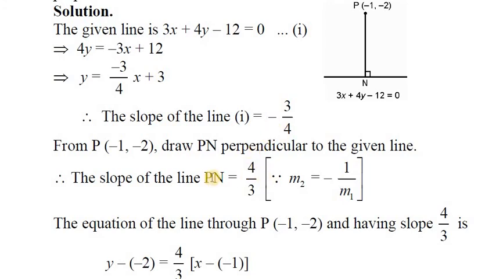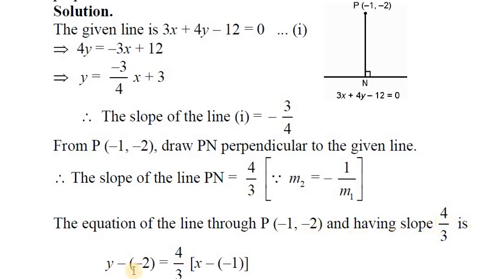So the equation of the line PN now we can write using point slope form, because already one point is given through which the line passes, and the slope of the line we have got. The point is this and the slope is this.